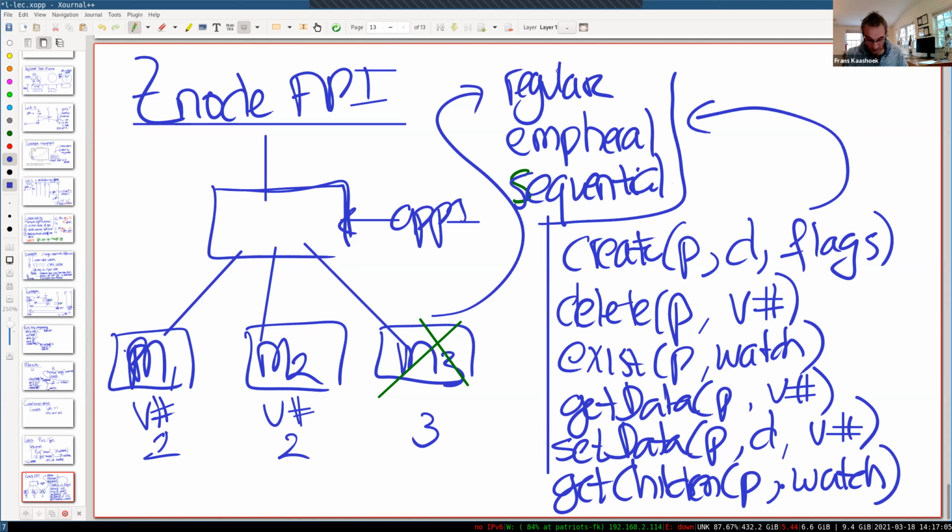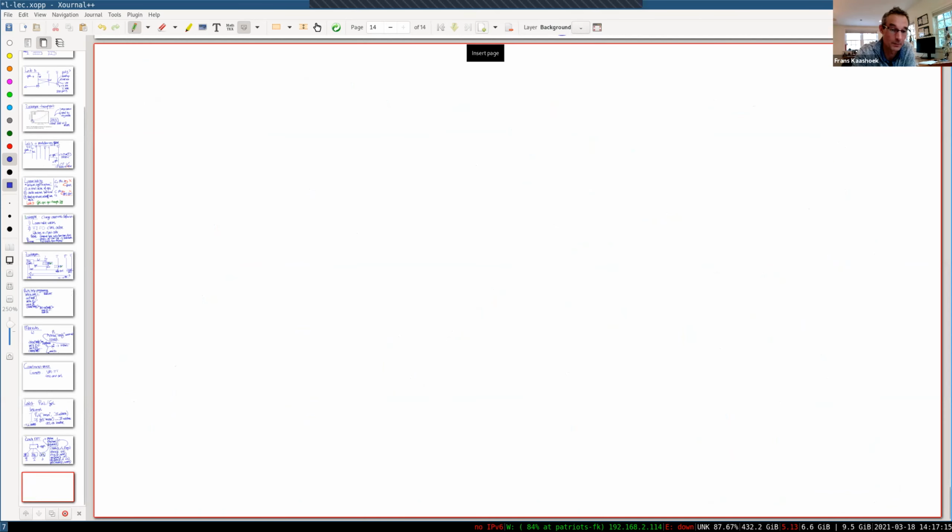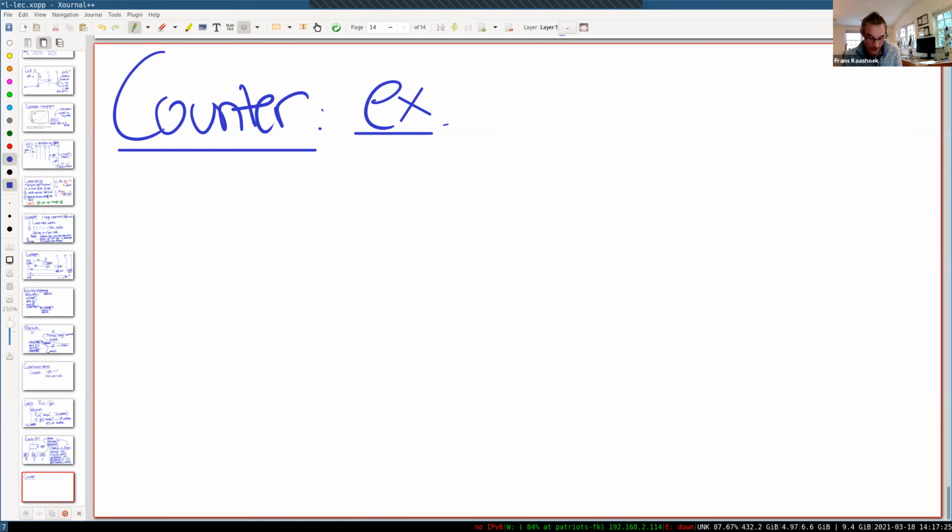Okay. So I want to talk a little bit about why this version number is handy. Let's look at a particular example, the simplest example I can come up with, which is implementing a counter. Let me first give the right solution. So, while true.